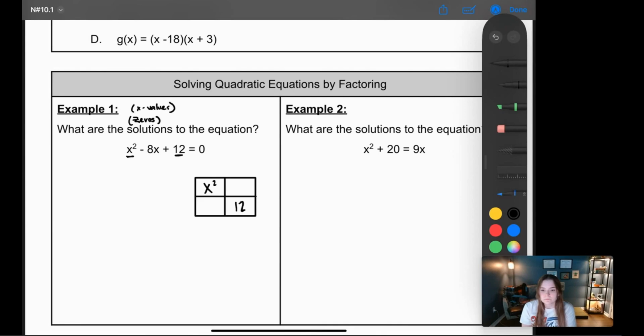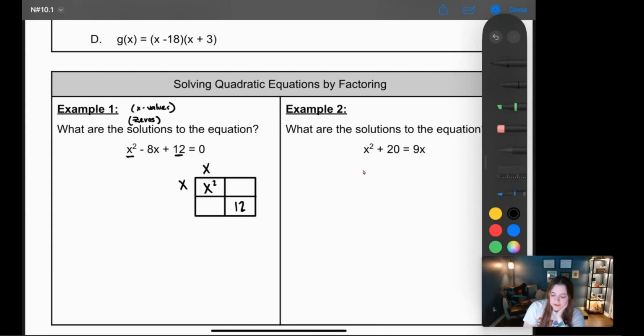Okay? And you know that you need something that's going to multiply to get x squared. So what would that be? Well, x times x gets me x squared. Remember, you're just filling out the riddle now. We're trying to solve this entire box. So let's keep filling out our box, our riddle.